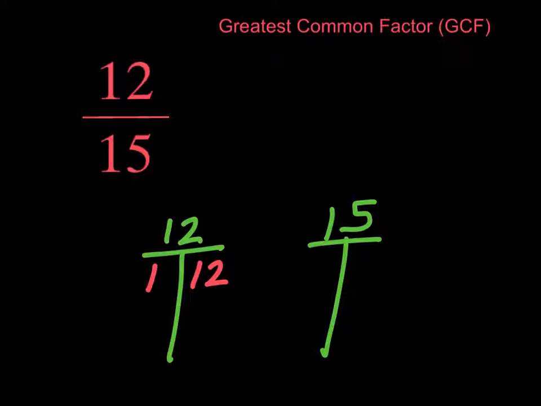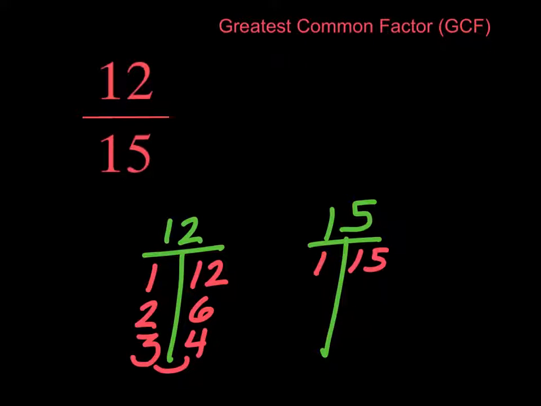And then it's an even number, so it is divisible by 2. So I would be able to divide 2 into 12 6 times. It does have a factor of 3 and 4, and since there is nothing between 3 and 4, I know I am finished. Now looking at 15, the first factor pair would be 1 and 15.